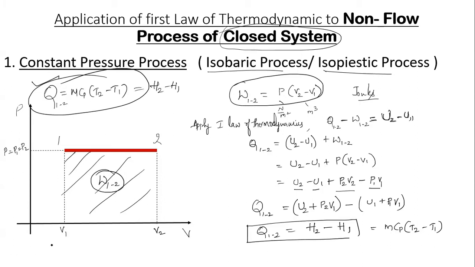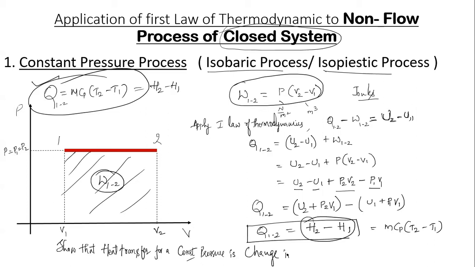So in the examination, they may ask: show that, prove that heat transfer for a constant pressure process is a change in enthalpy. For a constant pressure process, you have to apply first law of thermodynamics, then you get the solution.